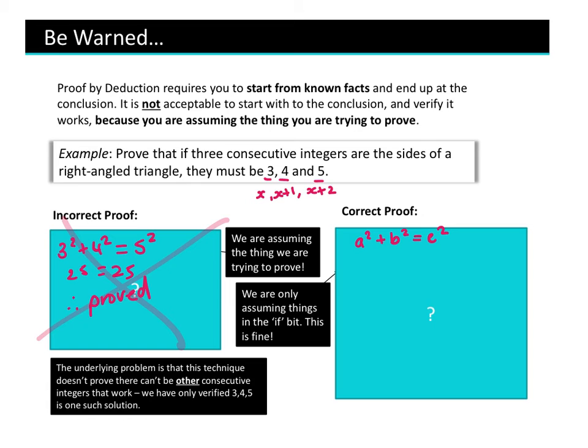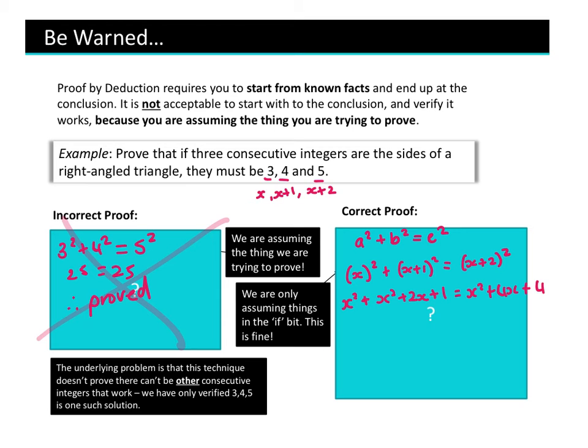3 consecutive numbers. So we know then that x squared plus x plus 1 squared equals x plus 2 squared. So if I expand this out, I'm going to have x squared plus 2x plus 1 equals x squared plus 4x plus 4.